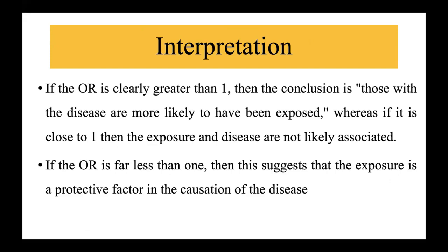A similar question you asked when we were doing the cohort study. So the number 1 is very important. If it is greater than 1, then there is exposure association. If it is equal to 1, then the exposure and the disease are not likely to be associated. And if less than 1, the exposure is protective.